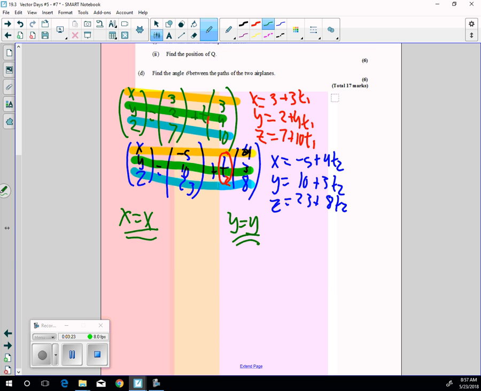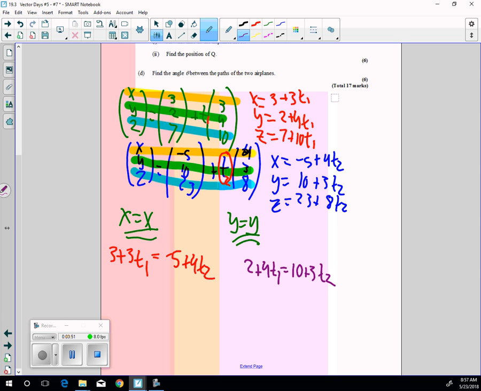So you do that, and you're going to get 3 plus 3T1 is equal to negative 5 plus 4T2. What do you think, Ella? Is that logical? And so we're going to do that with y, and then we'll solve for T1 and T2. So y is going to be 2 plus 4T1 equal to 10 plus 3T2.